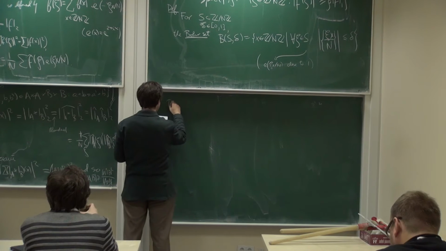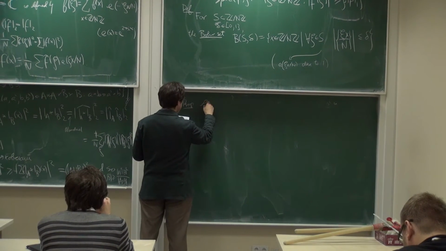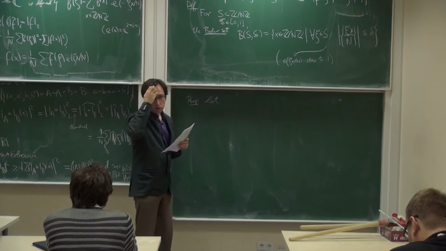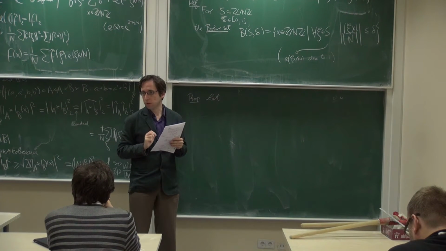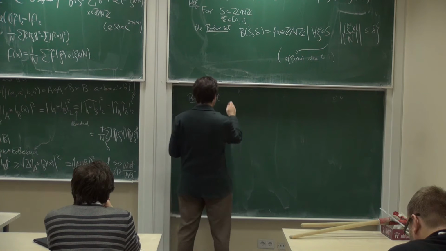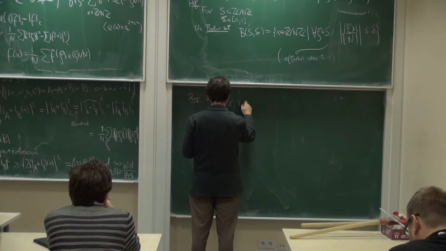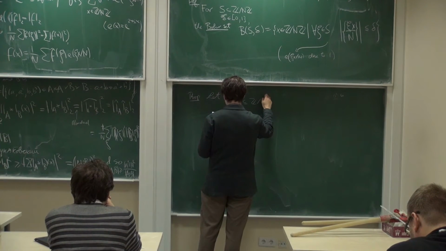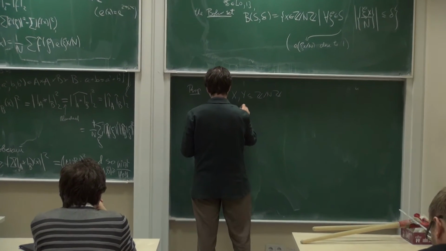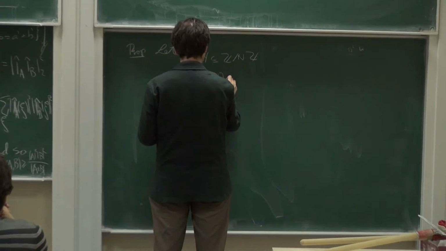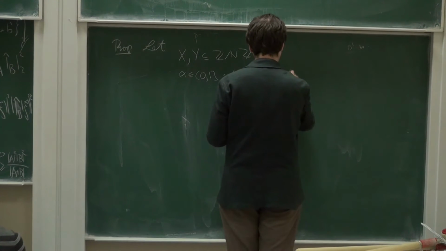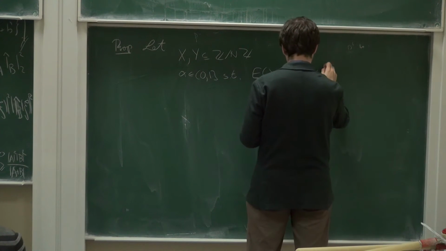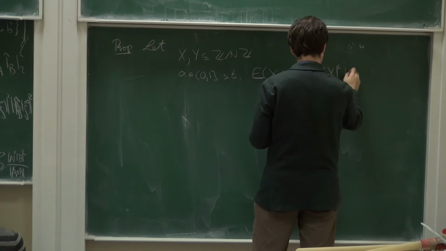So now comes a very important proposition. And the proof will actually remind you of some things we saw in the first class when we did Roth's theorem. Let X, Y be subsets of Z mod N Z, and alpha is such that the energy is assumed to be large: E(X,Y) is at least alpha times |X|^2|Y|.